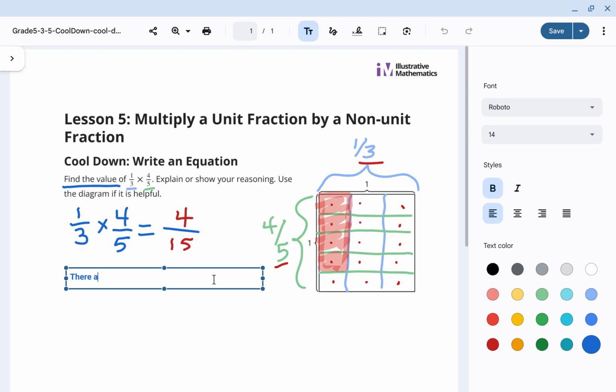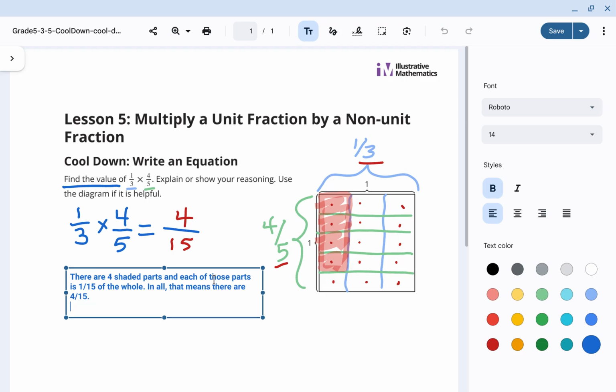We could say that there are 4 shaded parts, and each of those parts is 1/15 of the whole. In all, that means there are, not 5, here we go, 4/15.